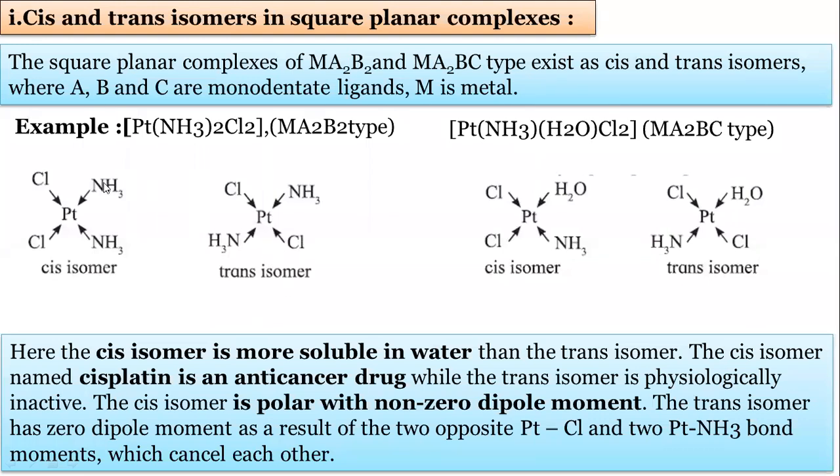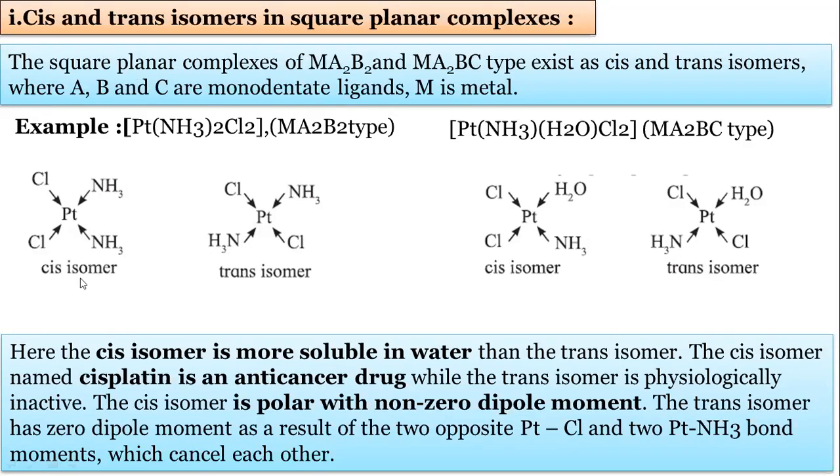See this difference. If these chlorines have the adjacent position, this works as an anti-cancer drug. And when these two chlorines are on the opposite side, it is biologically non-active and physiologically non-active also. See, it is the magic of chemistry. Though the molecular formula is the same, the arrangement is changed, so all the properties change.